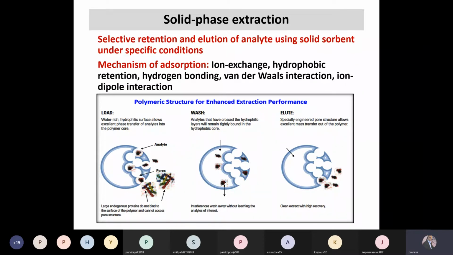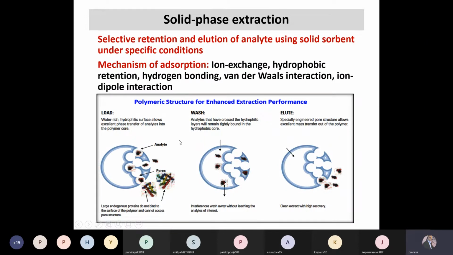Of course, when you make a cross-linked polymer out of it, it will have some degree of porosity. There will be some pores, and this process of extraction needs to be suitably optimized using suitable solvent systems, such that the analyte which you can see here is retained and the unwanted things are eluted out.